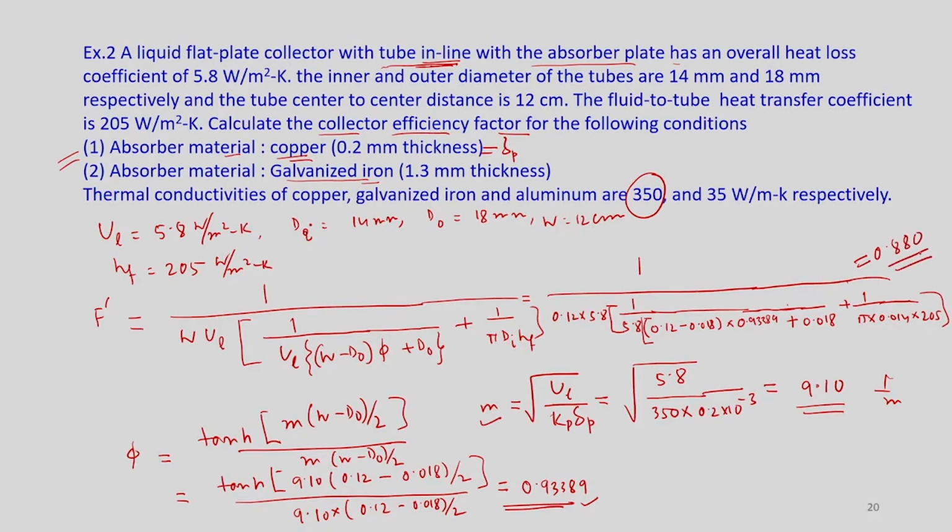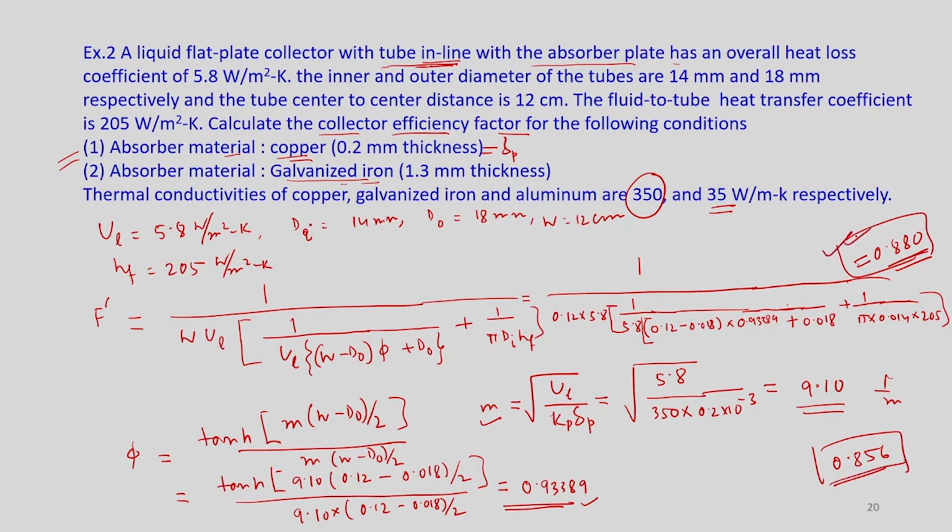So this gives a value of 0.880. If we change the thickness to 1.2 and the material is galvanized iron, the conductivity will change, it will be 35. So what value we will get is about 0.856 as per my calculation. You can see this one is always better than 0.856.